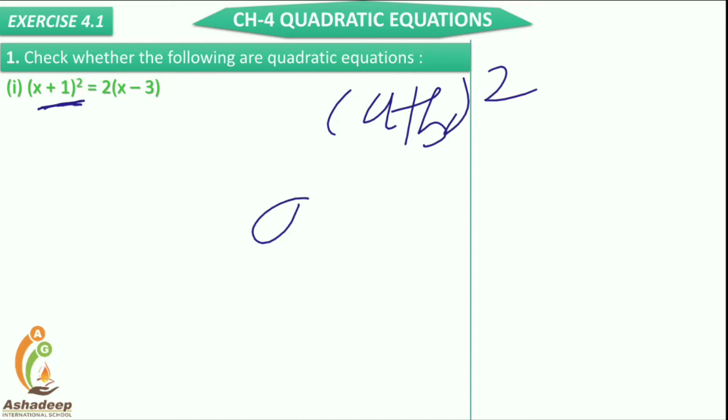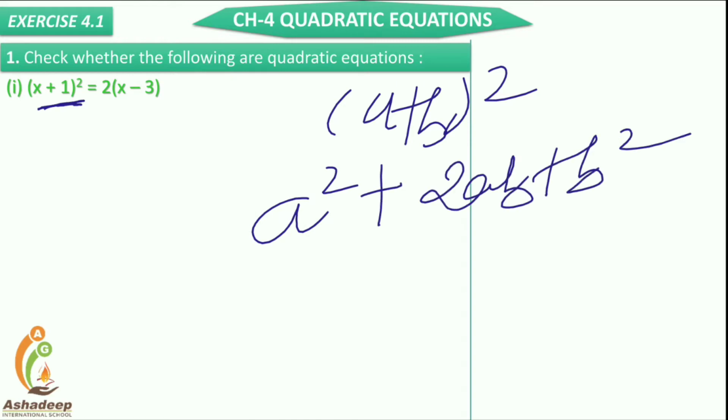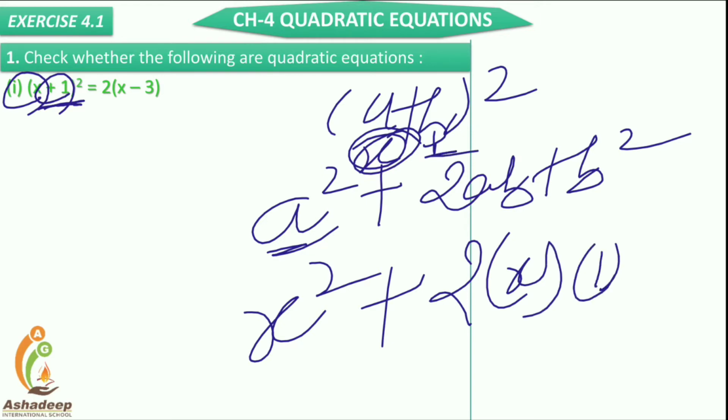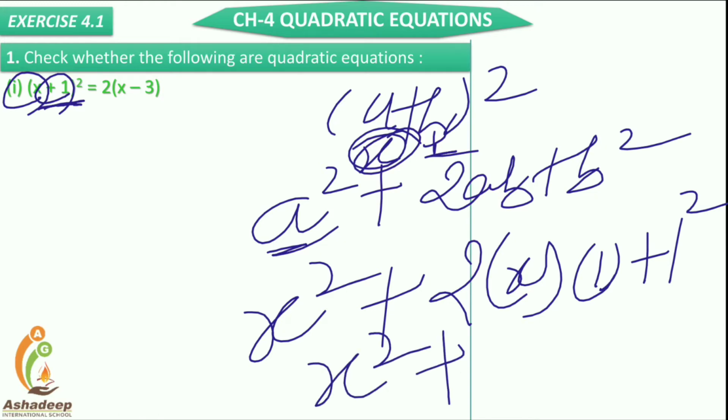This is nothing but a square plus 2ab plus b square. But here instead of a we have x, instead of b we have 1. So x square plus 2 into x into 1 plus 1 square. So this is going to be x square plus 2x plus 1.